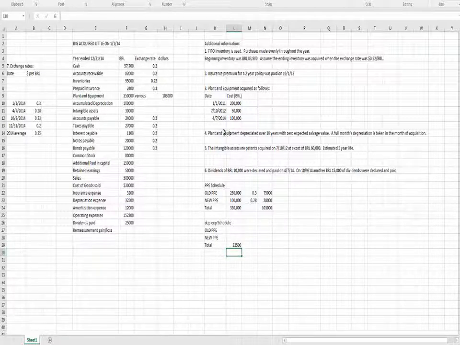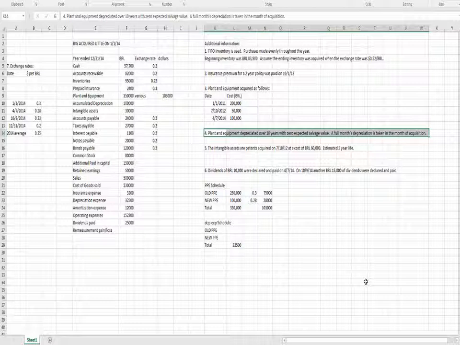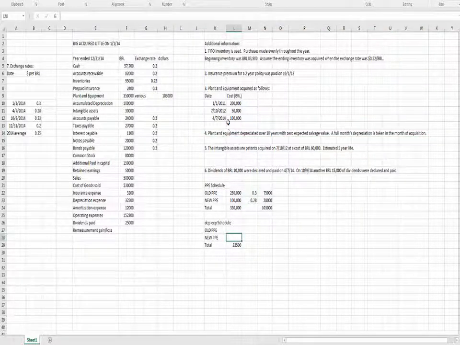Now it says that plant and equipment is depreciated over 10 years with a 0 expected salvage value. A full month's depreciation is taken in the month of acquisition. So let's look at the new property, plant, and equipment first. That had a cost of $100,000. It's going to be depreciated straight line over 10 years, so $10,000 per year.